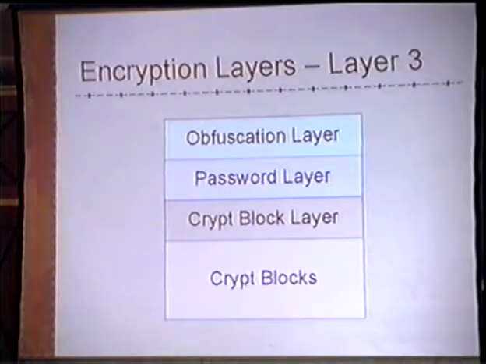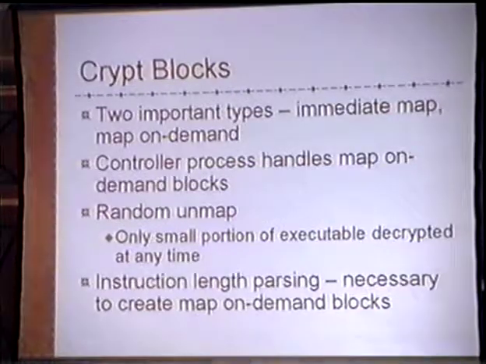The third layer is the crypt block layer. And the way this works is the executable is divided up into hundreds and hundreds of different blocks of data or blocks of code. And these are encrypted and decrypted at different points within execution.